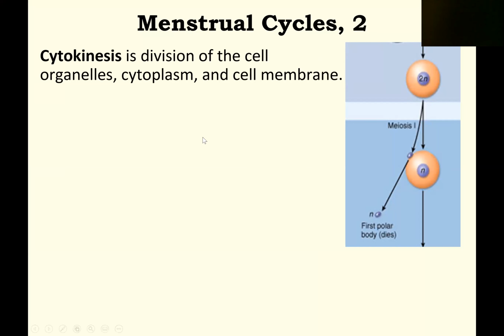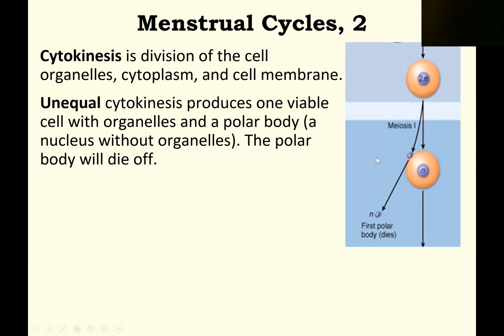However, in the production of ova, you have unequal cytokinesis. It produces one viable cell with all the organelles, and then it produces what we call a polar body. It's going to be a nucleus without organelles. It's got a cell membrane, but it's going to basically die off.